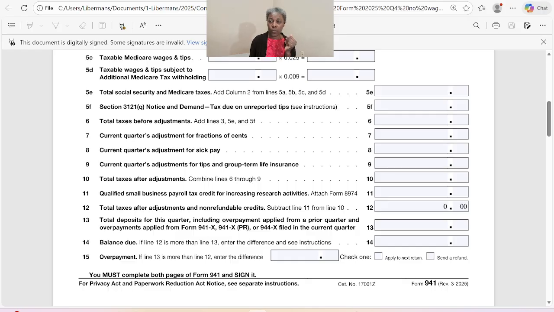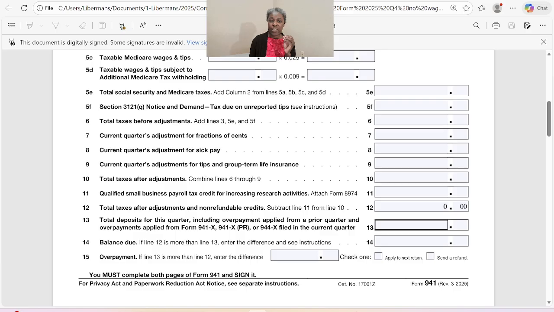Balance due, line 14. You'll take line 12 minus line 13. In this instance, it's $0, so we leave it blank. Line 14 is when line 12 is more than line 13. You'll owe money.